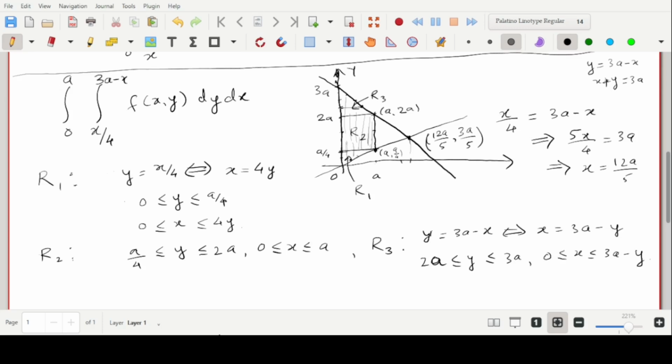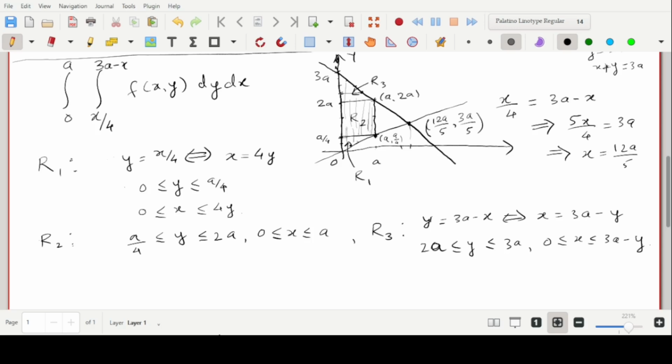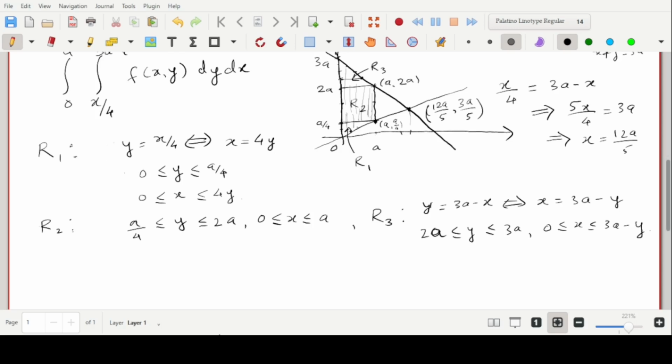So now what shall we try to do? This whole integral can be split into the integrals over these three regions. When we change the order, we shall have to split it into these three regions.